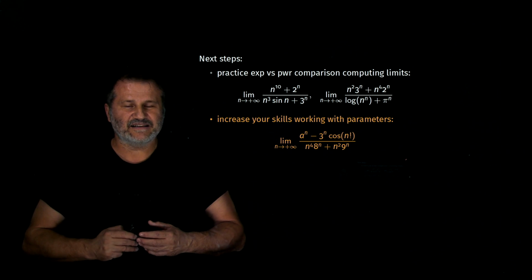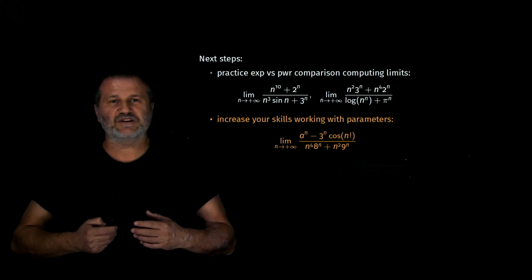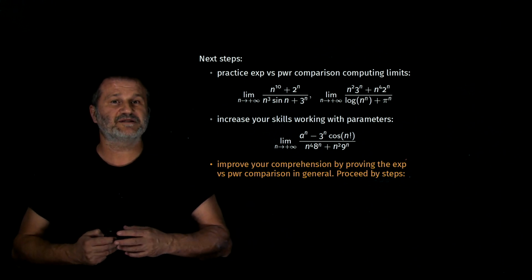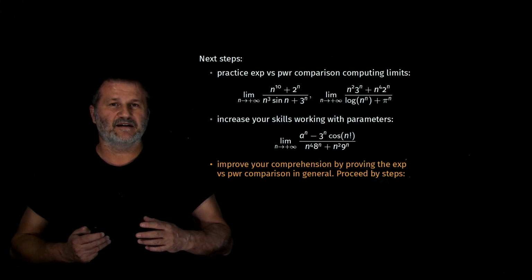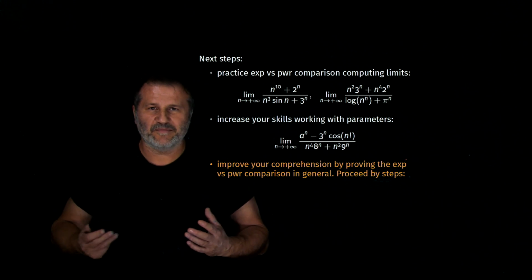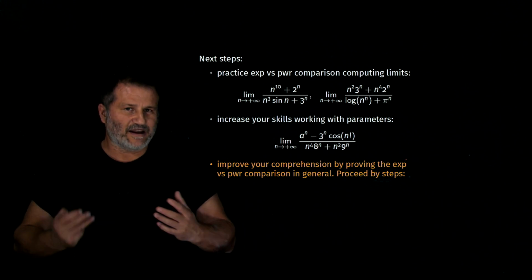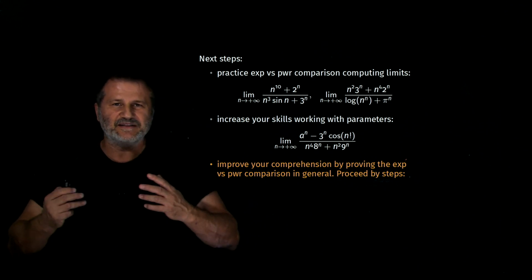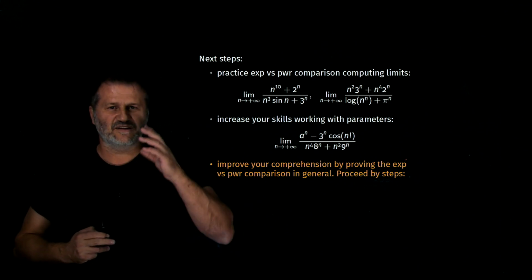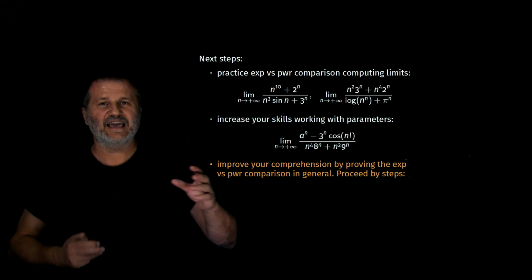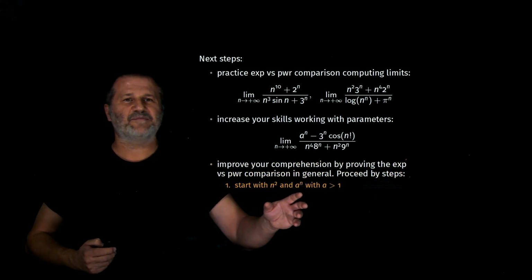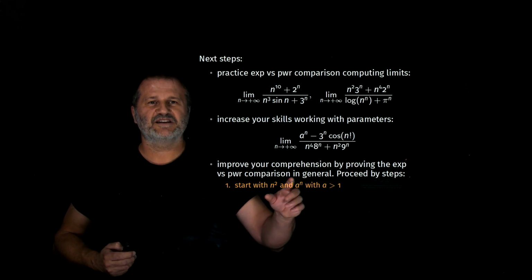A more advanced step is to try to prove the comparison exponential versus powers in general. This is a technical problem, in fact. It's not a theoretical problem, but you have to try to adapt the idea I presented in this video for the case n versus 2 to the n, and try to adapt it when you have an exponential base a.